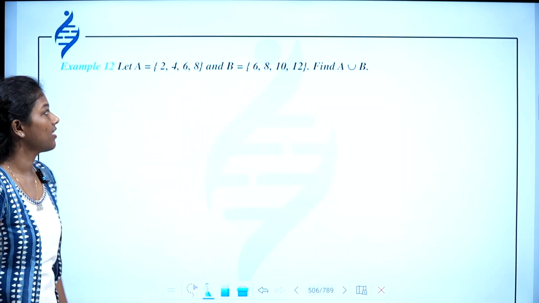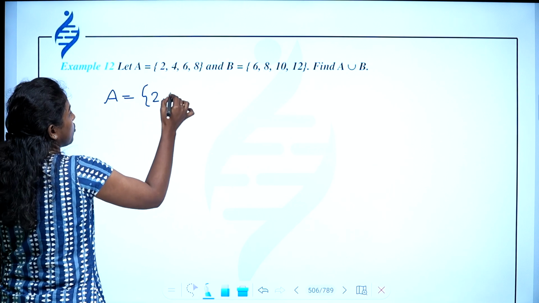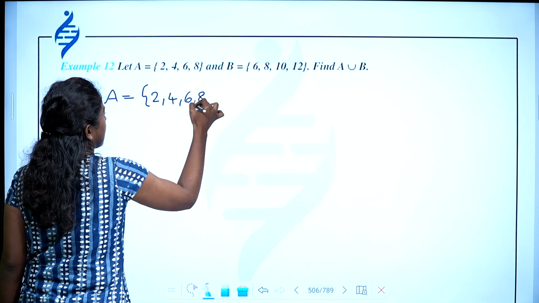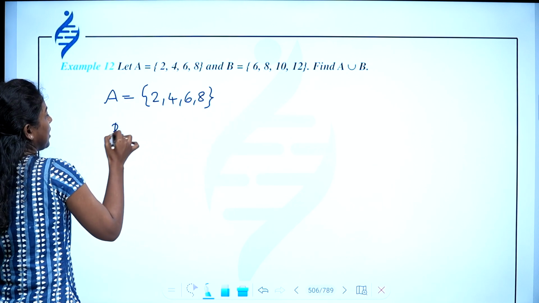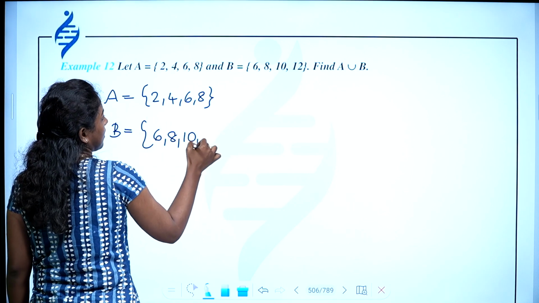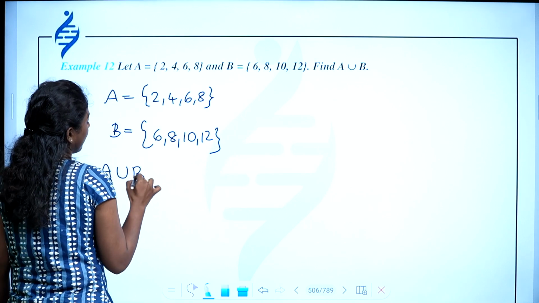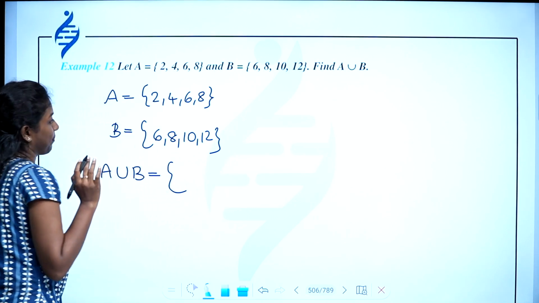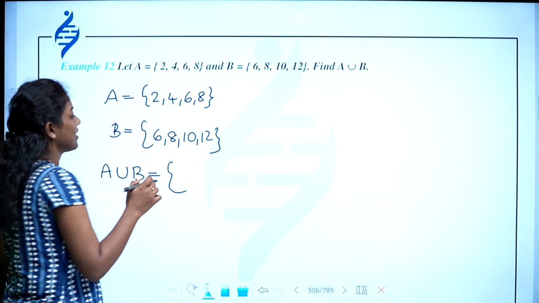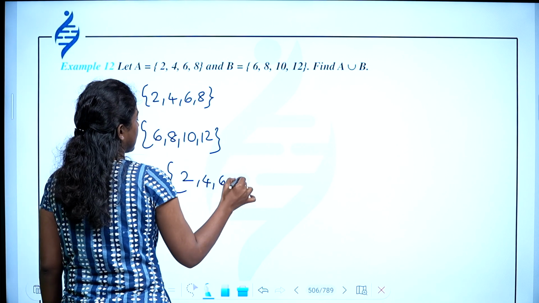Next, a question is given. A equal to 2, 4, 6, 8. B is 6, 8, 10, 12. You have to take the union. What is A union B? A union B means you have to write the elements of A: 2, 4, 6, 8.